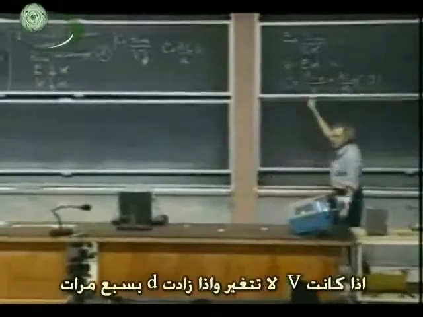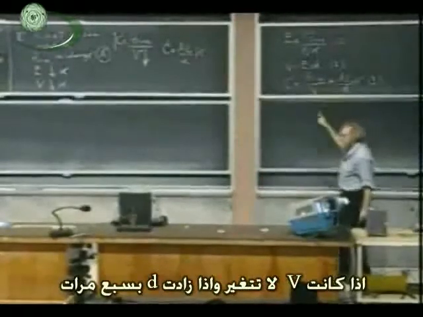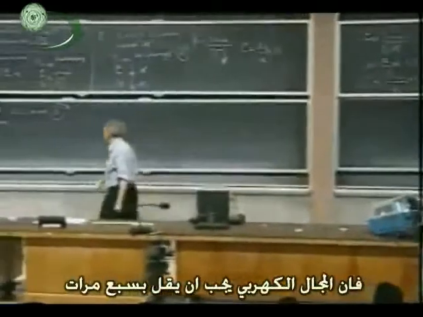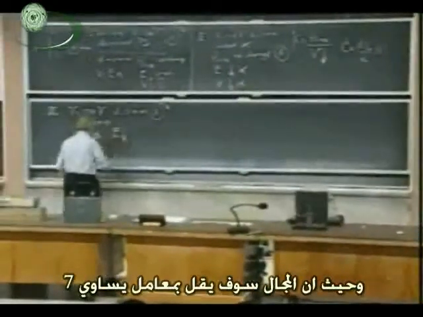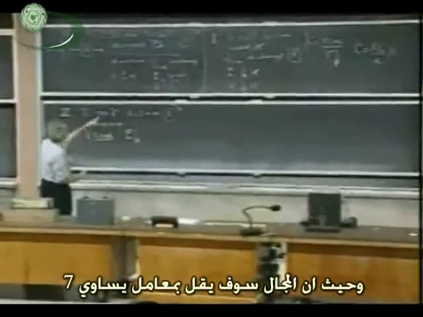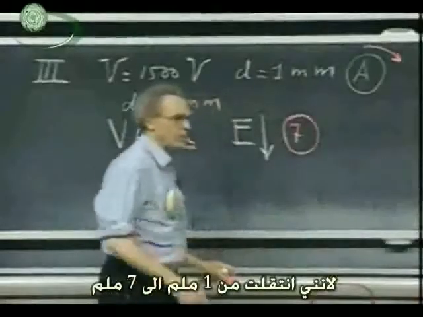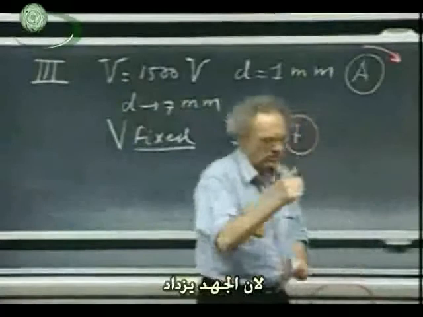If that V cannot change, and if I increase D by a factor of 7, now the electric field must come down by a factor of 7. So now the electric field changes, because D goes up.